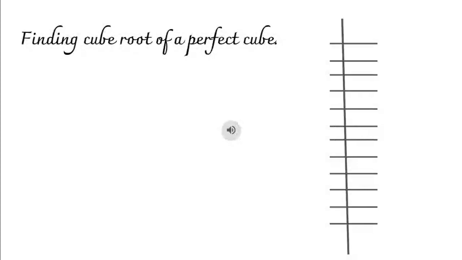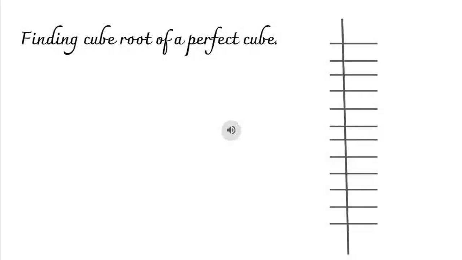Now, finding the cube root of a perfect cube. So another question is, how do we find the cube root of a perfect cube? Our first option remains the same, the prime factorization method. Let's take an example.